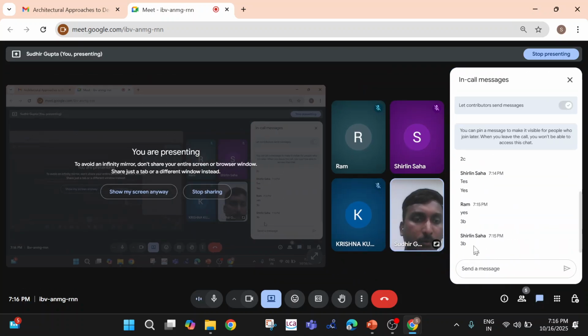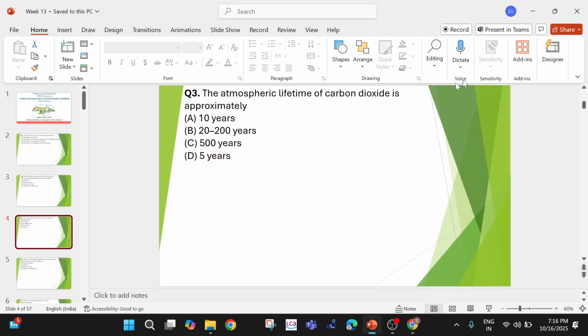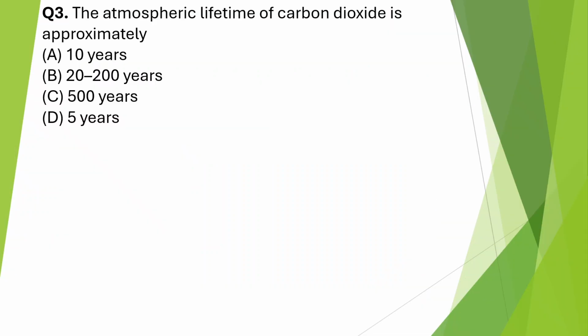Yeah. So it has been marked 3B by most of you, and Ram was first to answer this question. So I will be disclosing the answer with you all and discussing it here: Ram and Celine both are absolutely correct. The correct answer for question number 3 is 20 to 200 years.